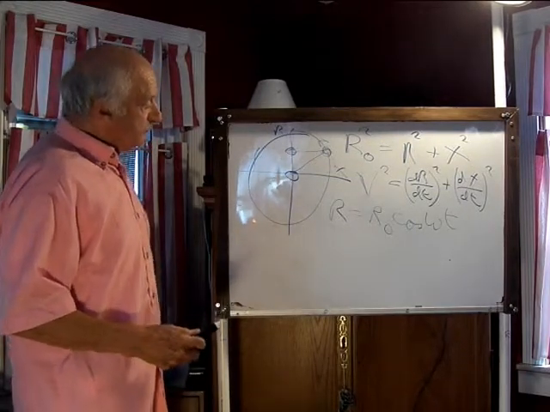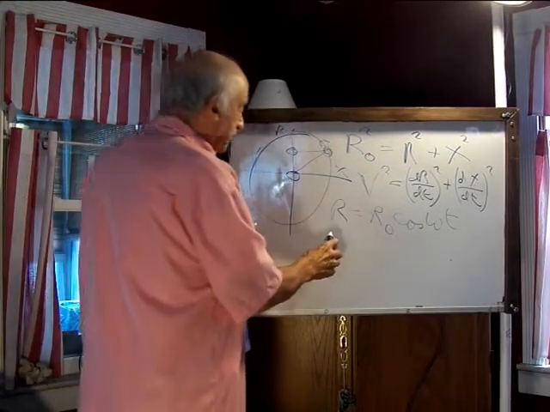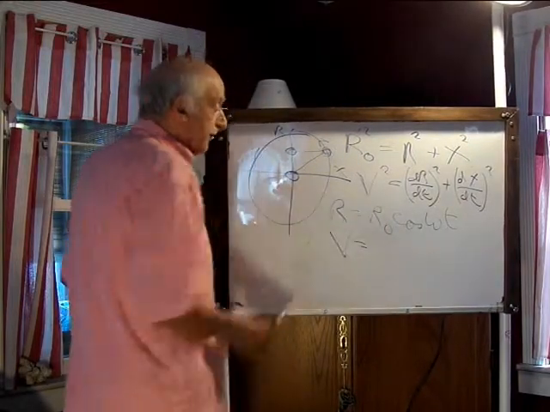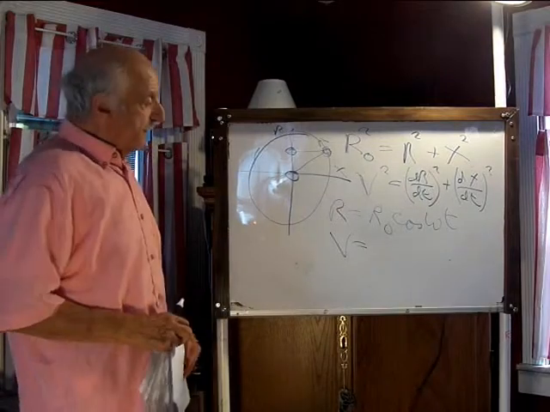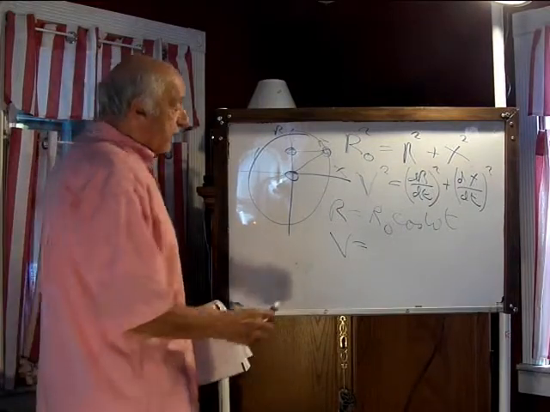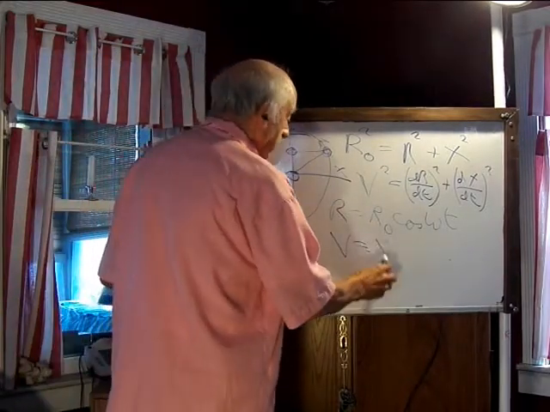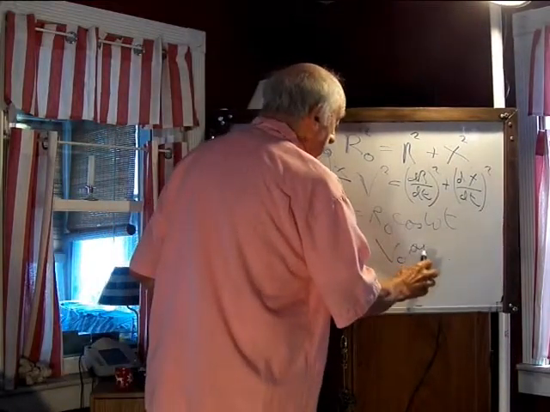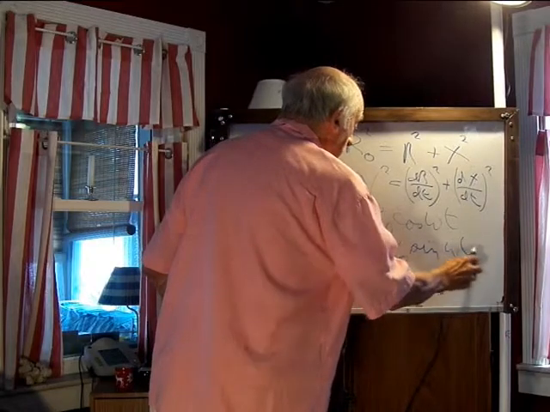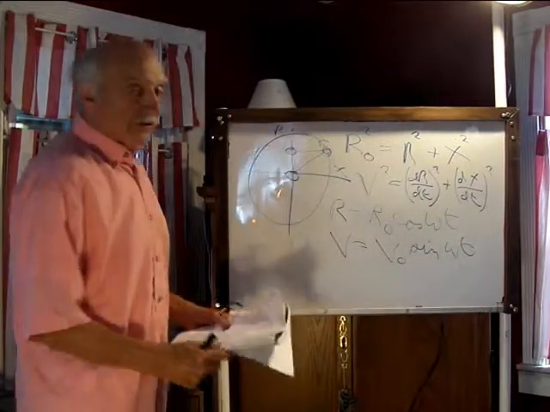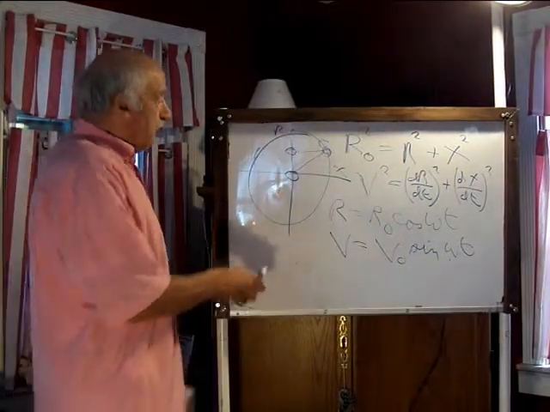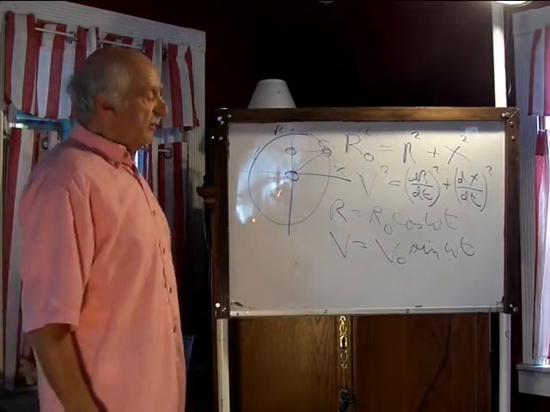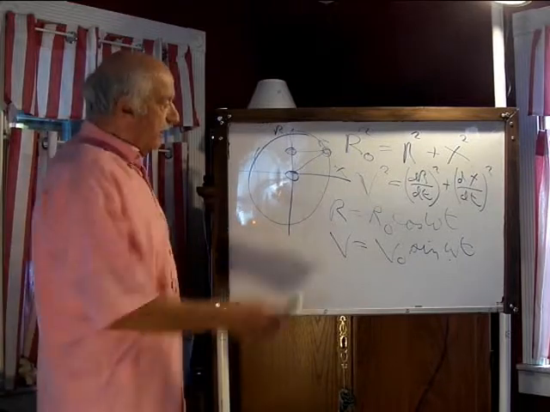Now the velocity, which you get by differentiating this with time, is equal to the maximum velocity times the sine of omega t. Omega is the frequency, and it is equal to the maximum velocity divided by the maximum distance.